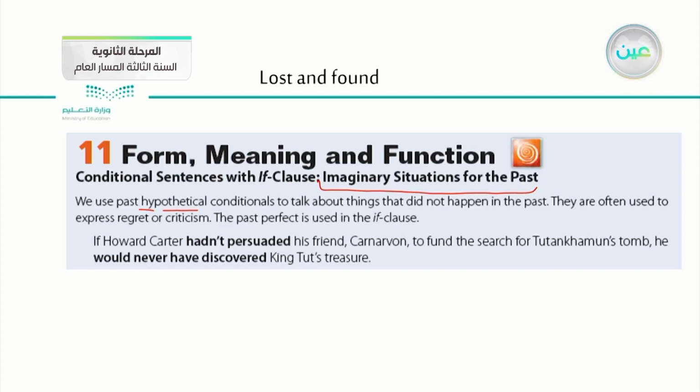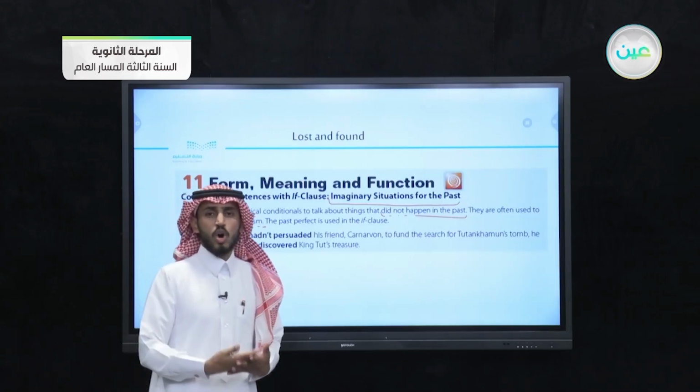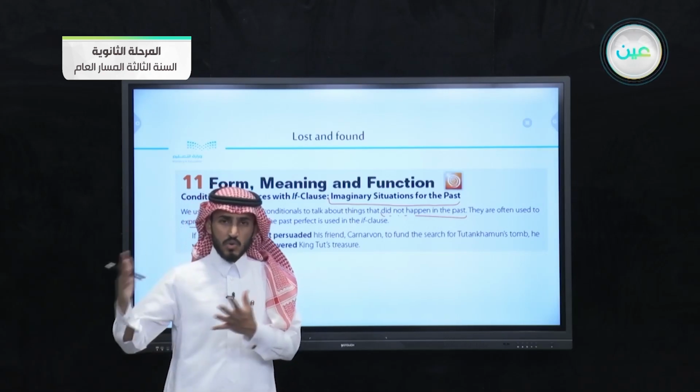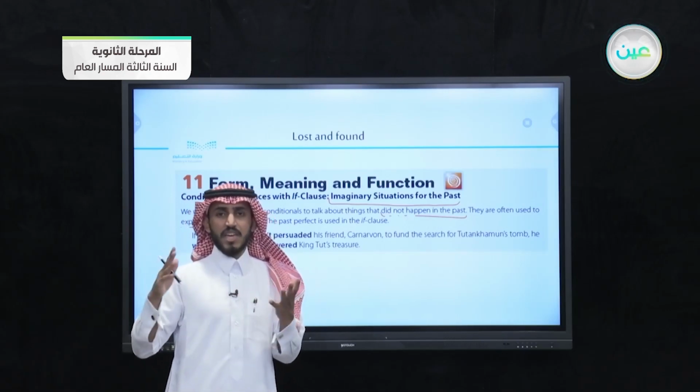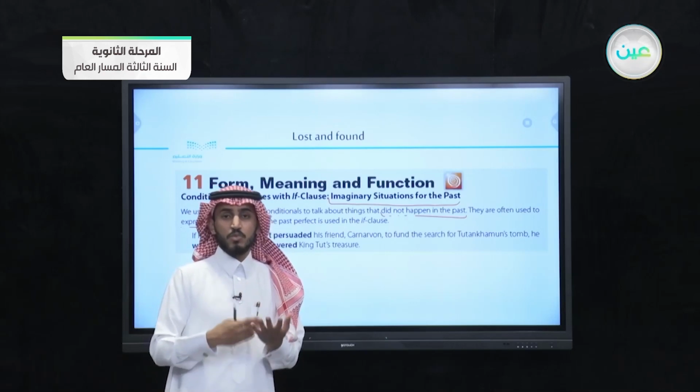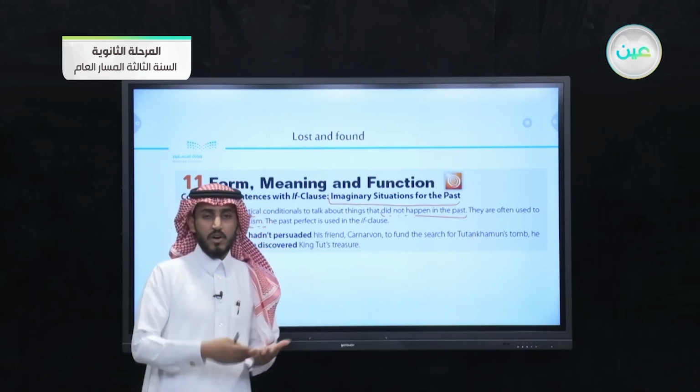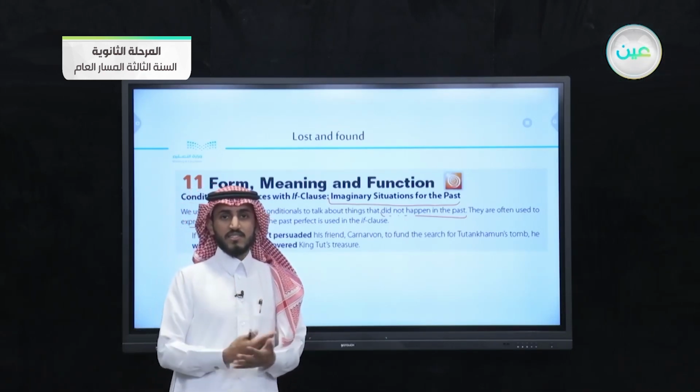We use past hypothetical conditionals to talk about things that didn't happen in the past. They are often used to express regret or criticism. We use this way if we want to show our regrets about something in the past, something we wish that we had done or something we wish we hadn't done.